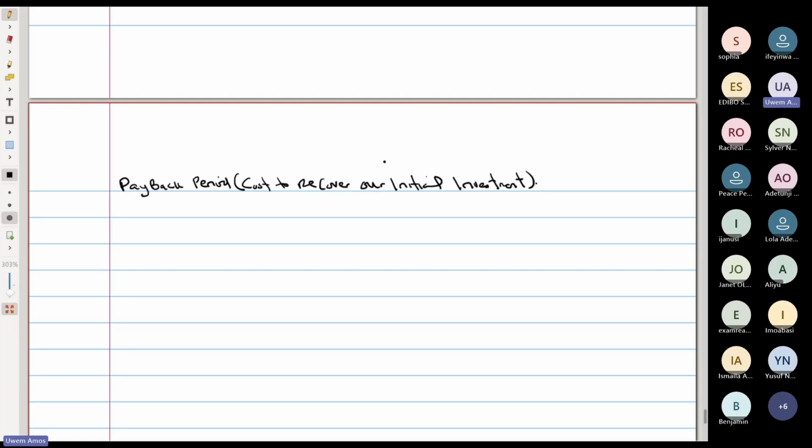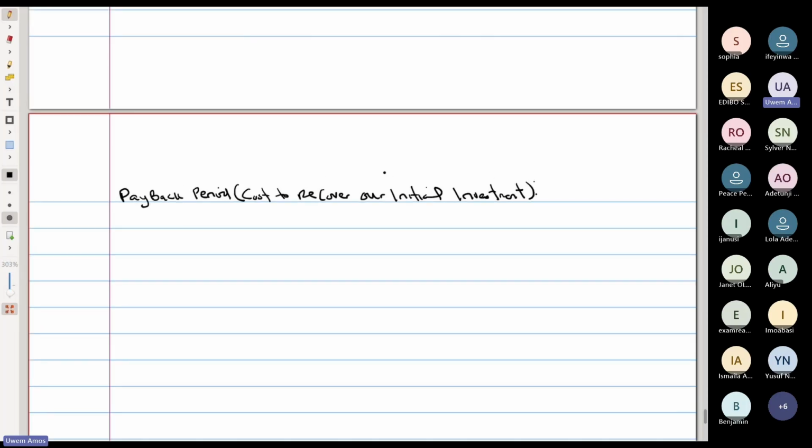So when we say initial investment, it's not just about the investment in the building, it's about the total amount you spend at the start to get the business up. It's not just a fixed asset, but everything you spend to ensure that you get the business up at the very start. And how long does it take for us to recover it based on the expected net inflow?